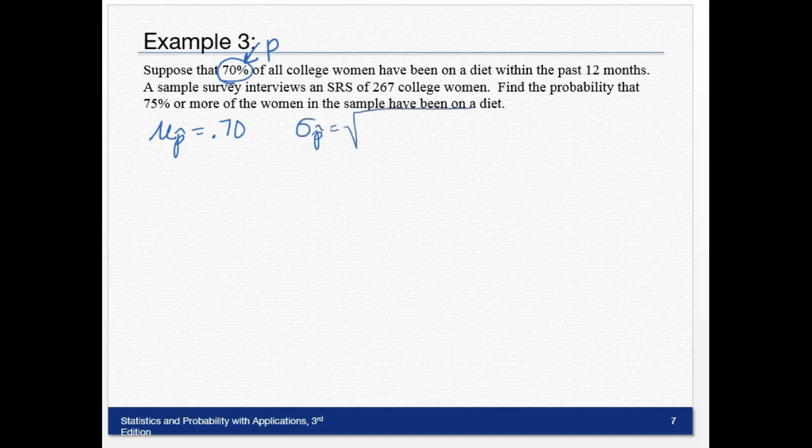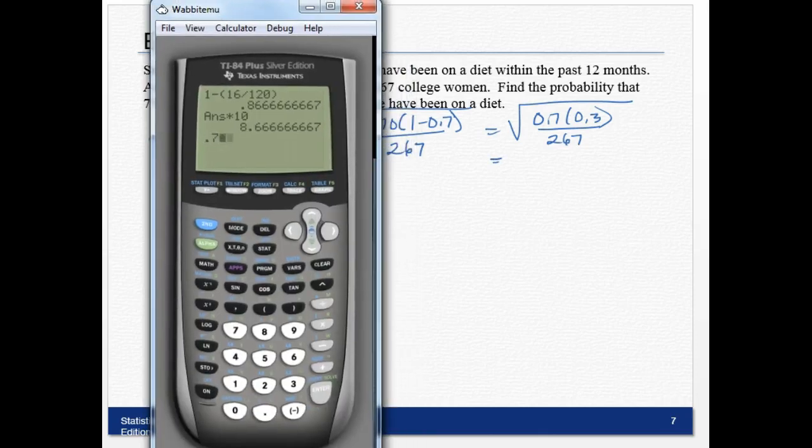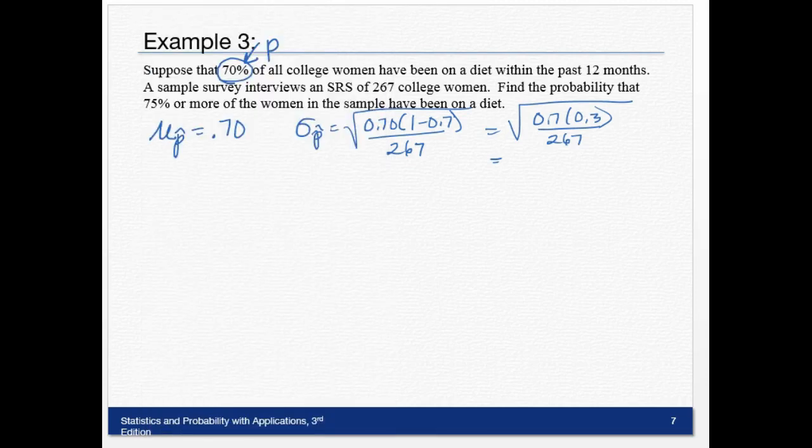We would do the square root of 0.7 times 1 minus 0.7, divided by 267. Hopefully you'll begin to see this pattern: 0.7 times 0.3 over 267. If I calculate that, I get 0.028. So there's our standard deviation.